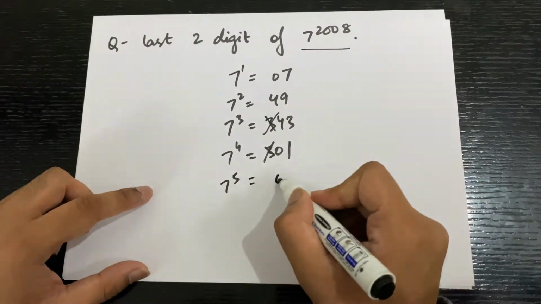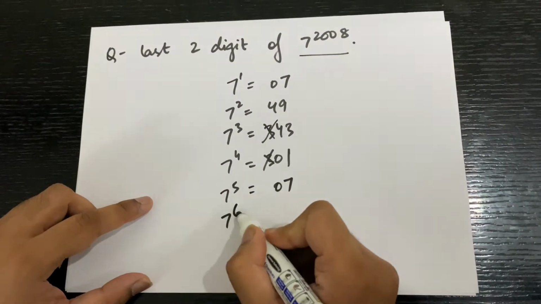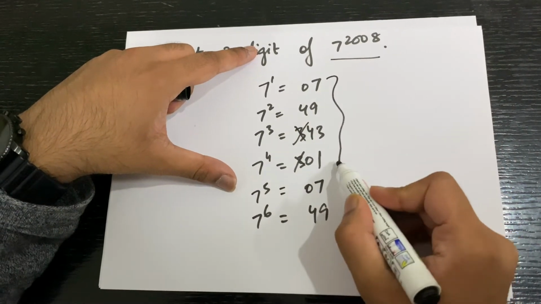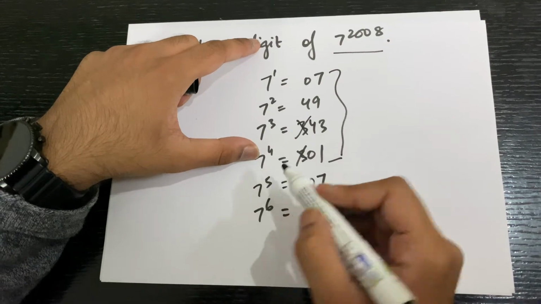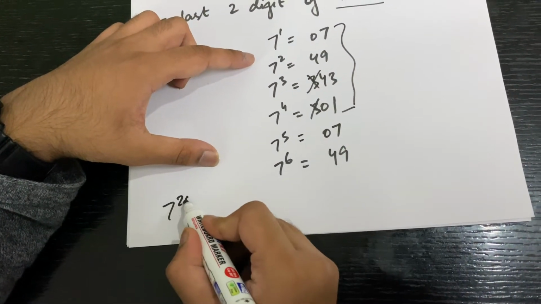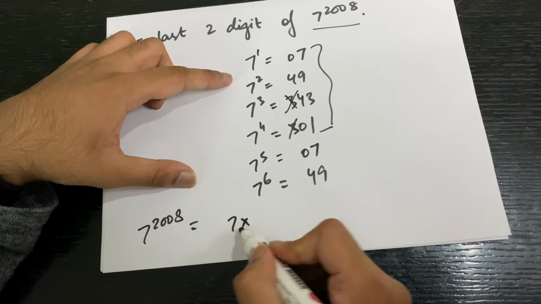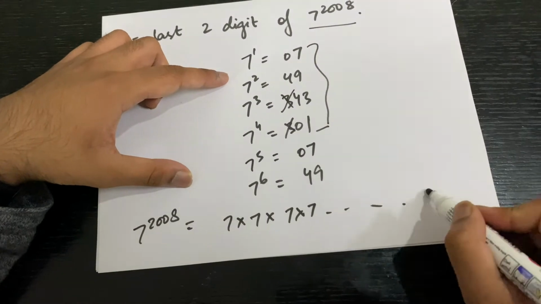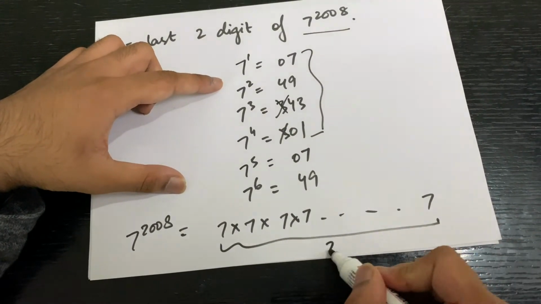7 ki power 5 is again 07. 7 ki power 6 is 49. So as you can see, the cycle practically repeats after 7 ki power 4. So 7 to the power 2008 is practically 7 times 7 times 7 times up till 7, and these are 2008 numbers.